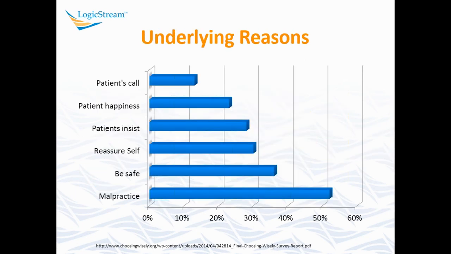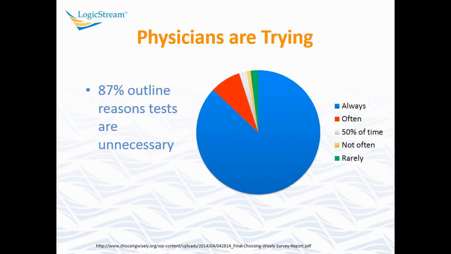When we look at how clinicians respond to these requests, 40% will refuse the test if they believe it's unnecessary, but more than half will order it anyway. They'll advise against it, but order it anyway. So it's fairly common for clinicians to place these orders for things they believe are unnecessary.